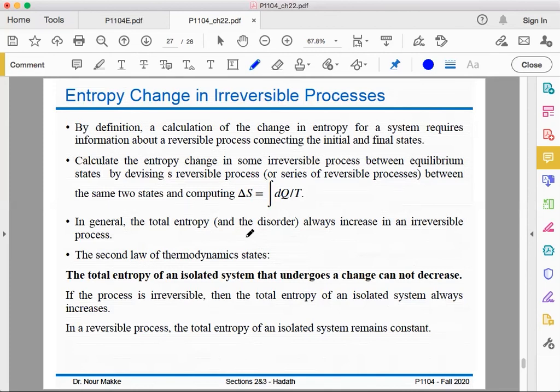If you want to calculate the entropy change in a given irreversible process between two equilibrium states, we can do so actually, but we have to devise the path from the initial state to the final state into a reversible process or a series of reversible processes between the same two states. بتقول أنا بدي أروح من هيدا initial state على هيدا final state.